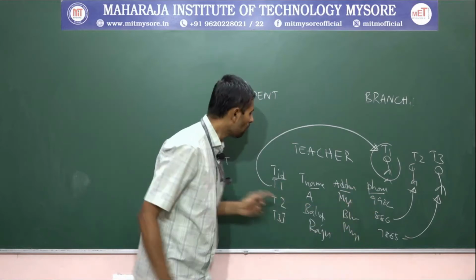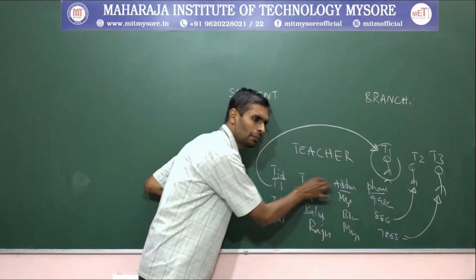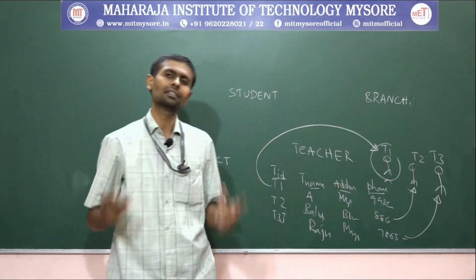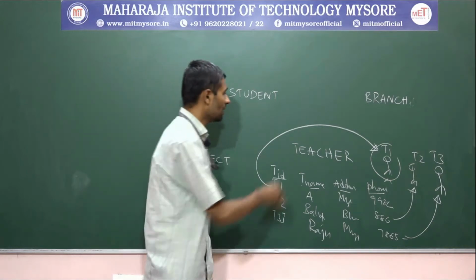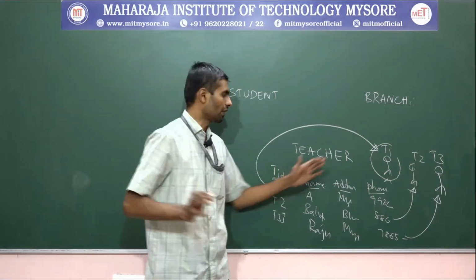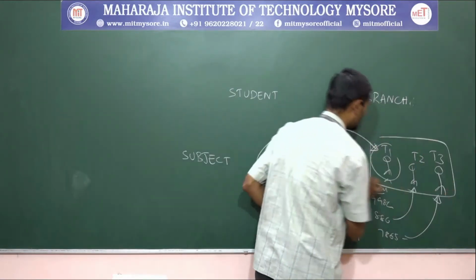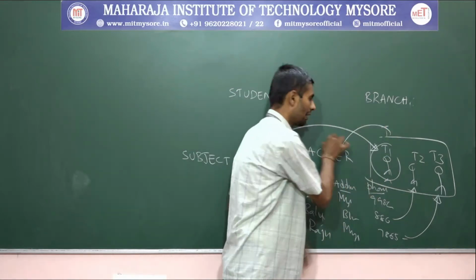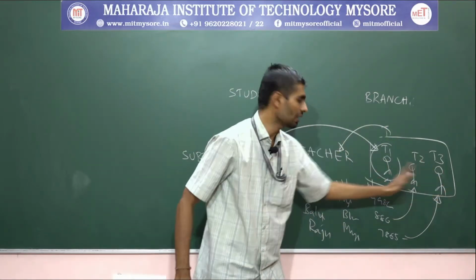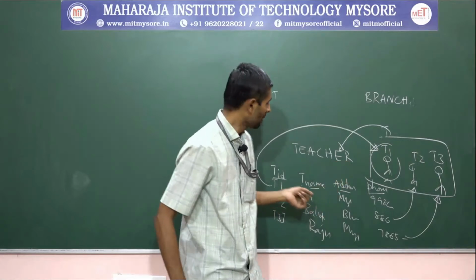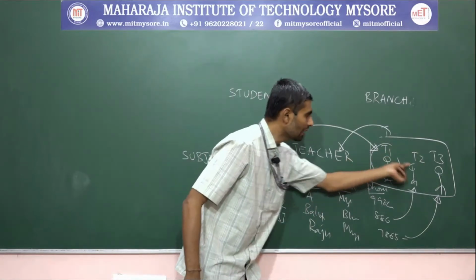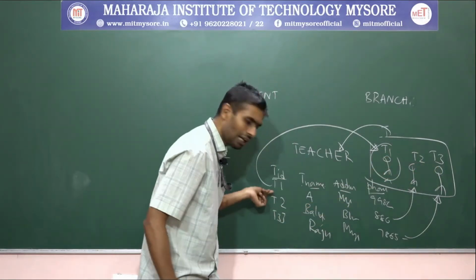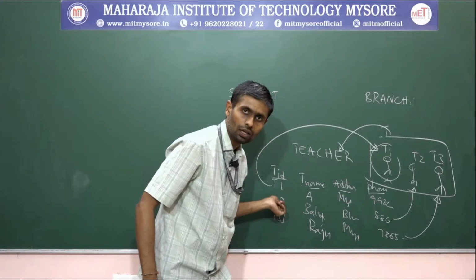Then what exactly does this TID, T name, address, phone number represent? In general we call it by a name. All these 3 are, what, guys? Teachers. In general, T1, T2, T3, all these 3 are teachers, and they have their own values for all these columns.